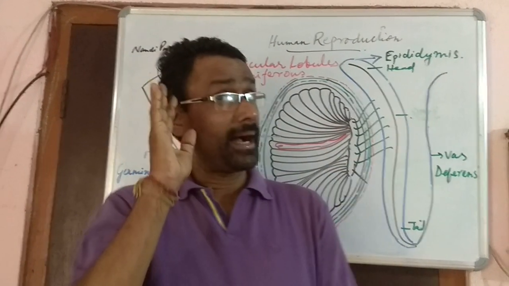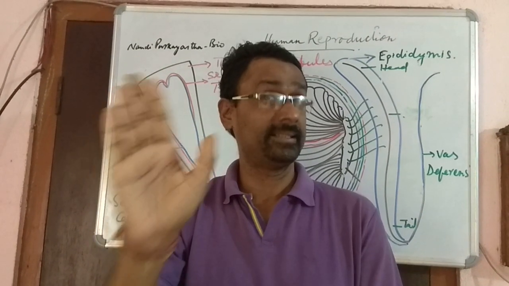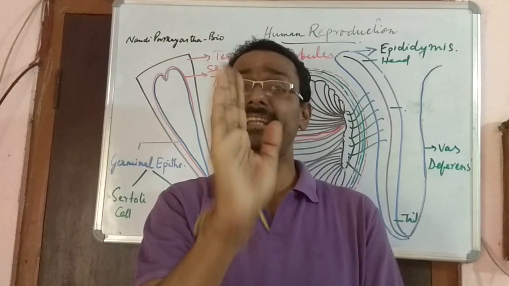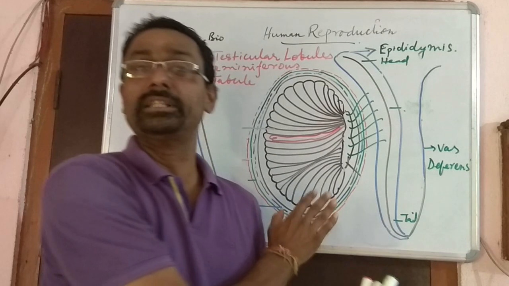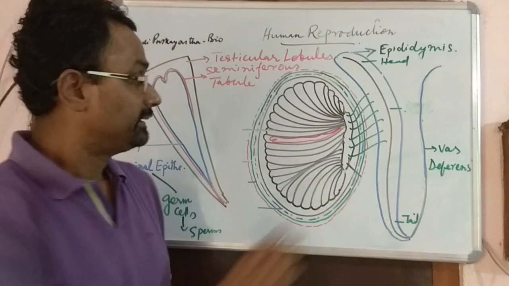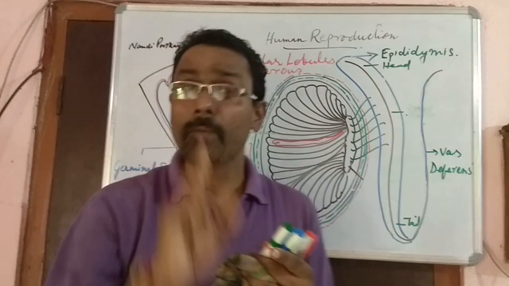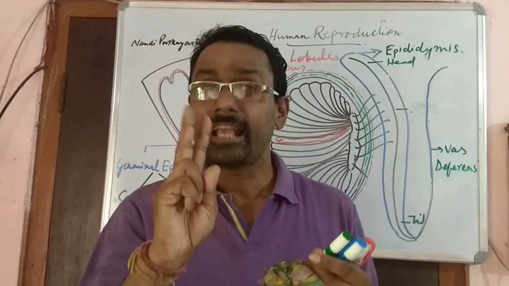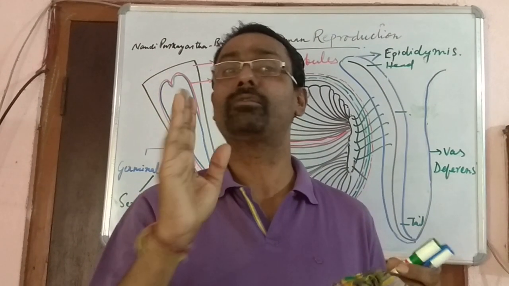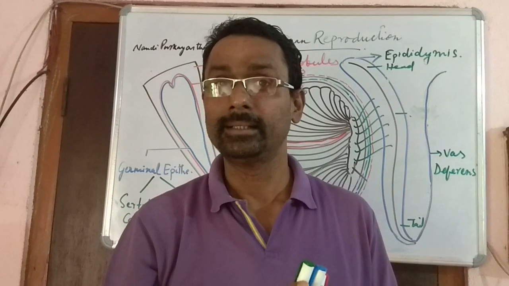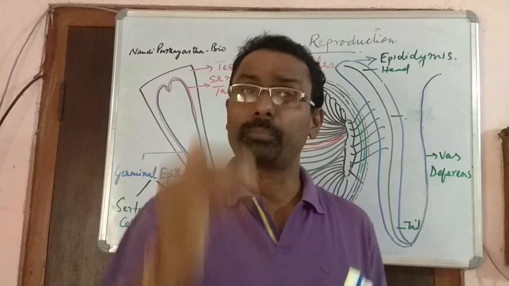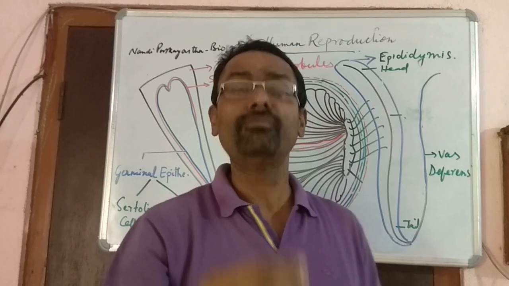We have to keep in mind another thing, dear students, the accessory glands which are associated with it. The accessory glands in this case are the seminal vesicle, prostate gland, and bulbourethral gland, which is one pair. Together, they produce seminal fluid.